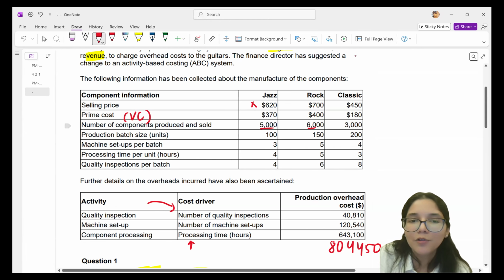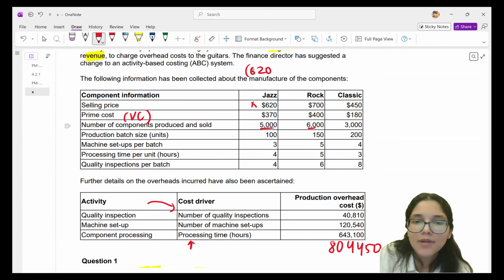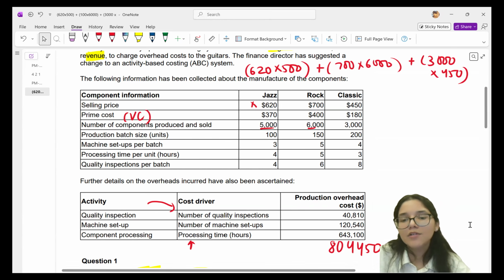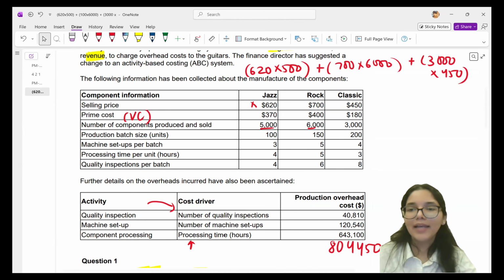So 620 into 5,000, plus 700 into 6,000, and then add to this 3,000 into 450. Right? So I do the same working on my calculator also now. 620 into 5,000.